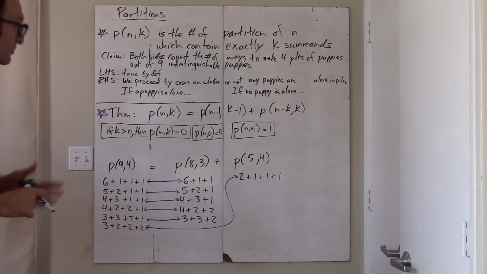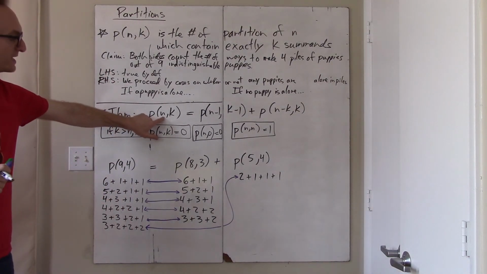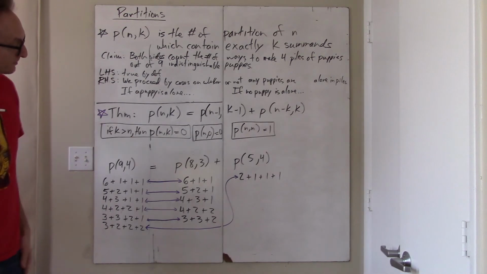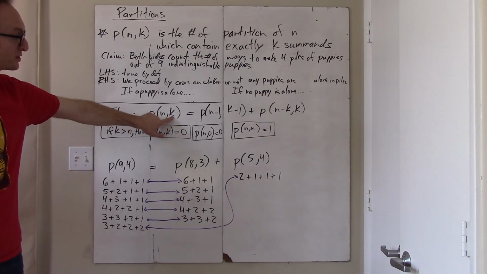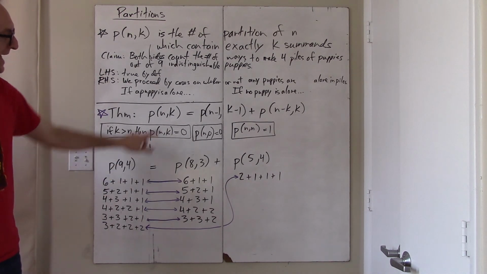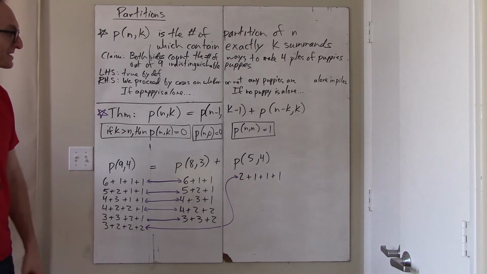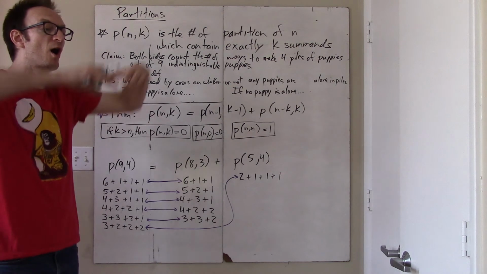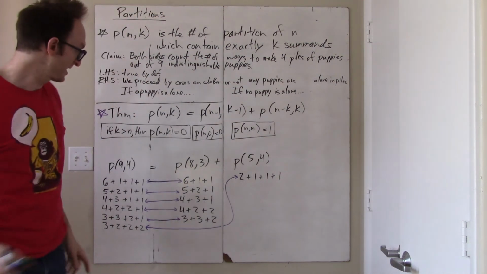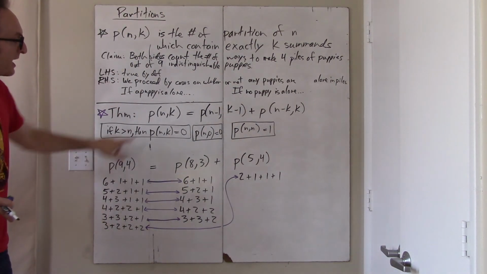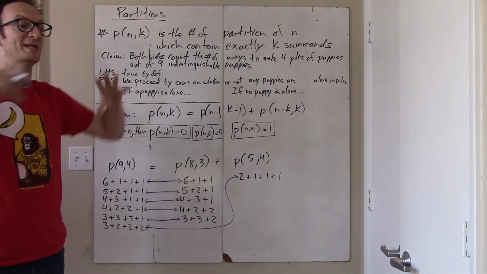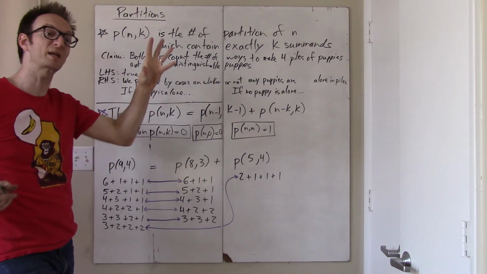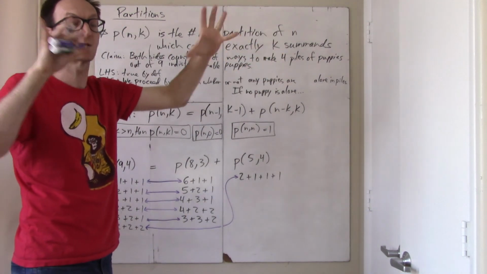I am counting on the left-hand side the number of partitions of n puppies into k piles. And now, considering all of the possible partitions, in this case there were 6 partitions, but in general there might be very, very many partitions. I am now taking all those partitions and splitting them up into 2 subsets.